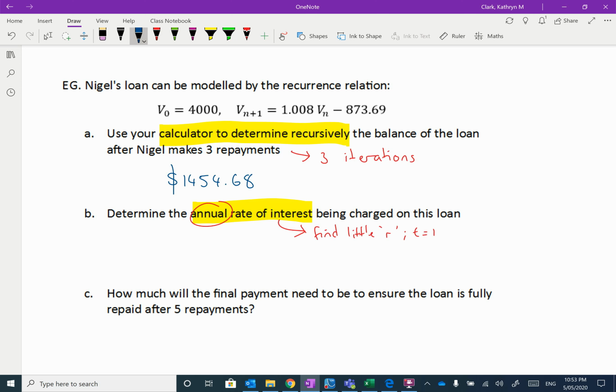So we know from our equation above that R has to equal 1.008. We also know that R is equal to 1 plus r divided by t, which in this case is going to be 1, divided by 100. So we can then solve this on our CAS.